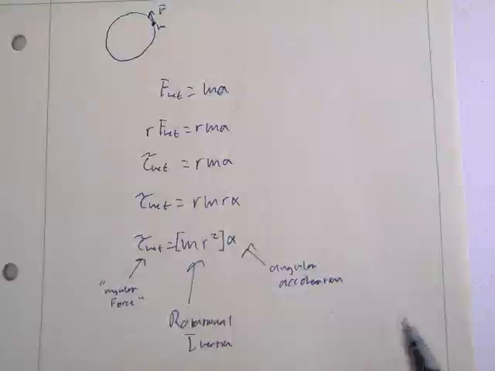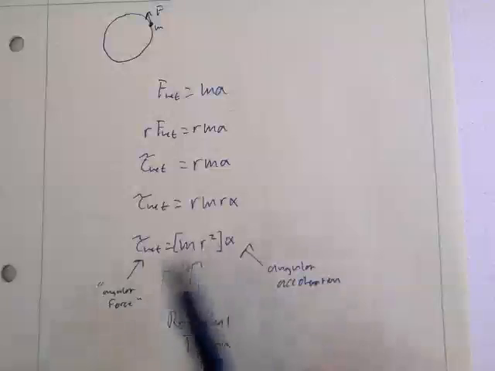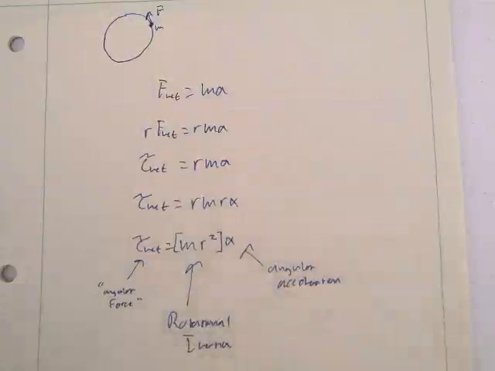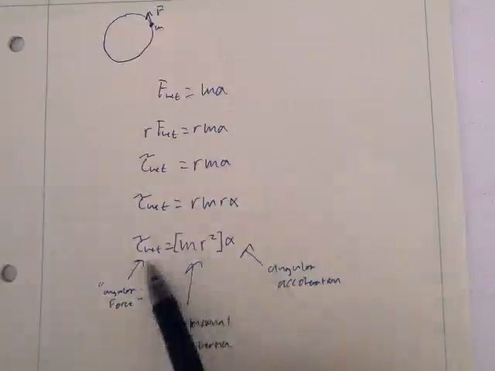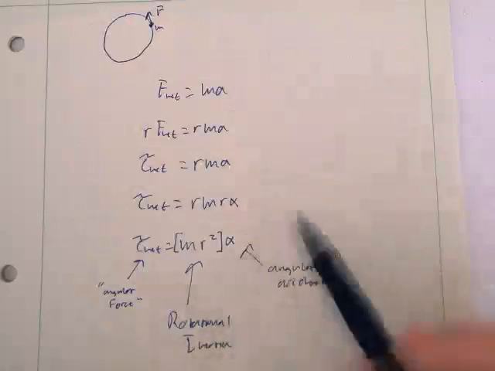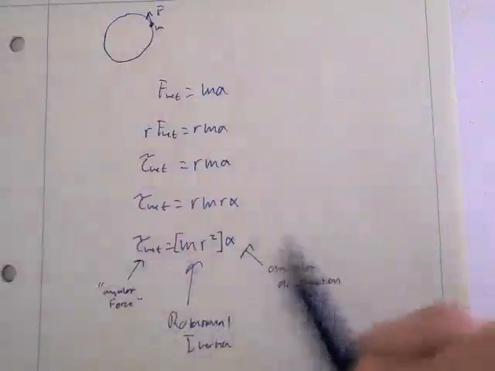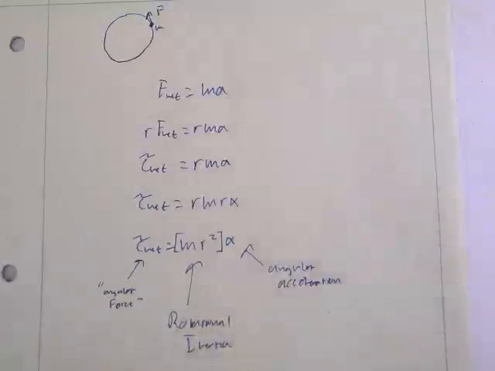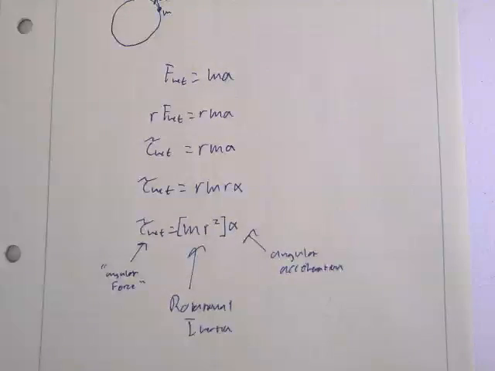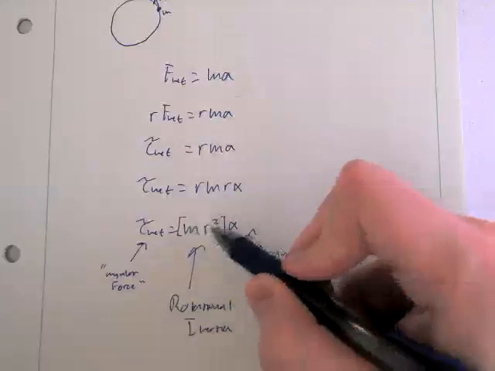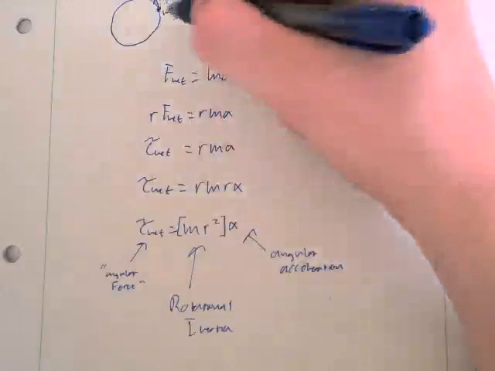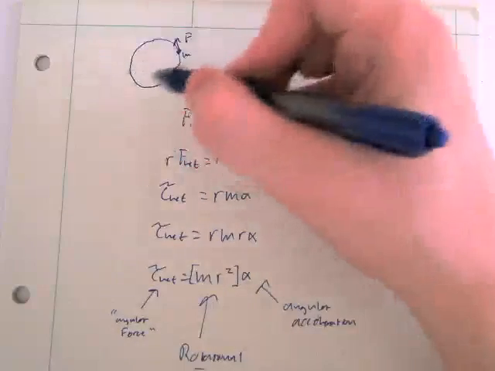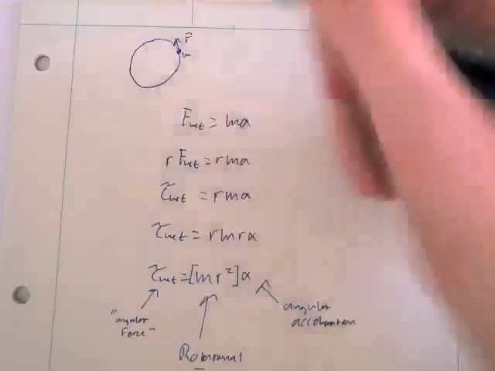Now this quantity mr squared is actually playing the role of rotational inertia. So the bigger this quantity is, the more difficult it is to start speeding this object up, spinning it up faster and faster, or slowing it down faster and faster.